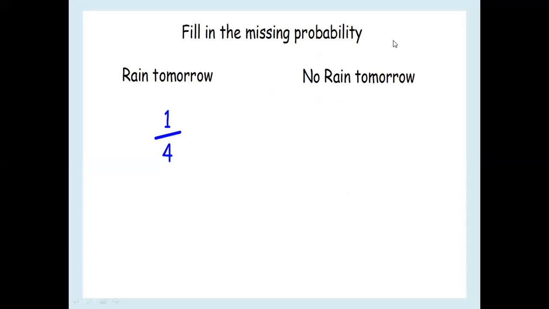Here, fill in the missing probabilities. It says in each one, the possibility that it will rain tomorrow is 1/4. So no rain tomorrow, it will not rain tomorrow. You do 1 minus the probability that it will rain tomorrow.